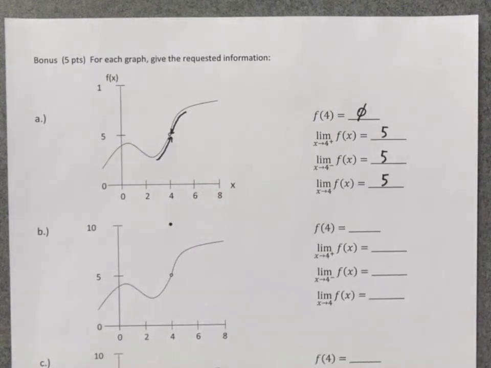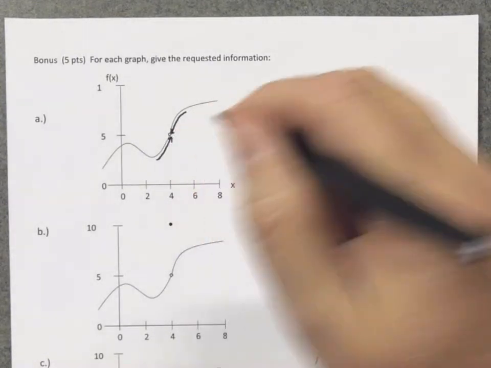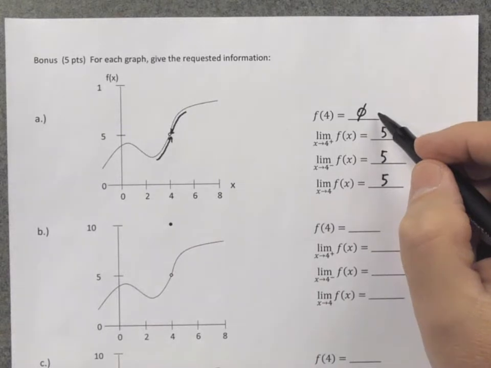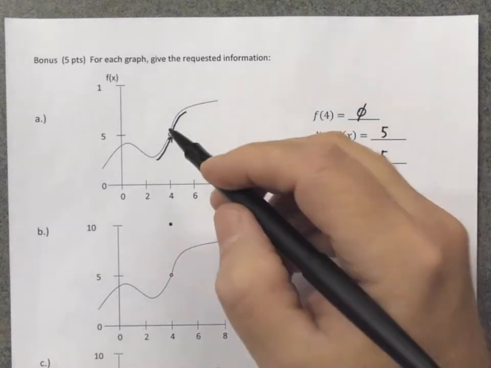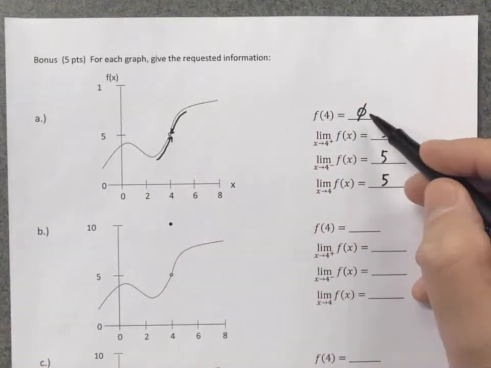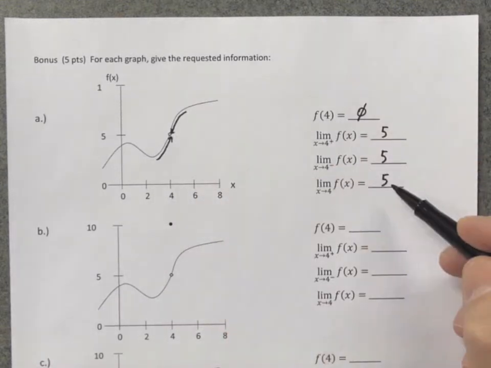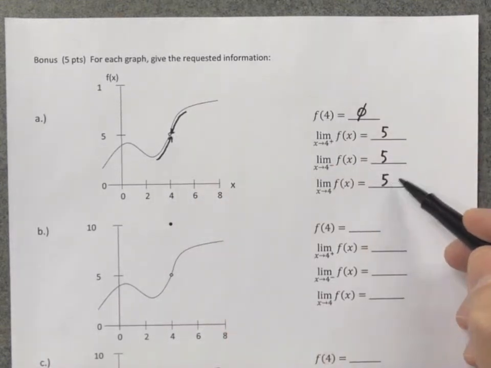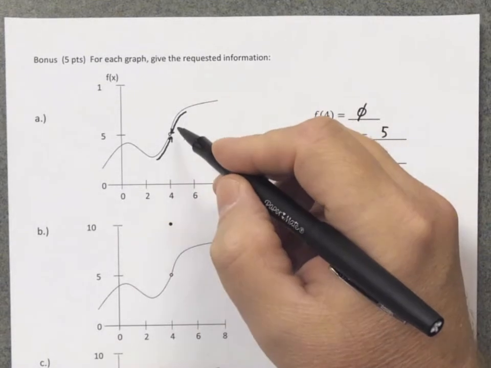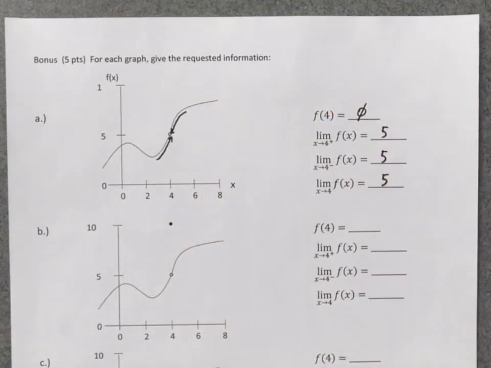And you look at the graph, it makes sense, right? Here's the key: even though the function is not defined when x equals 4, there is a limit at x equals 4 because the function from both sides is approaching the same value, which is 5.